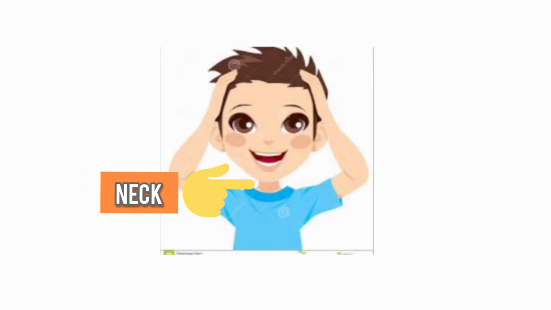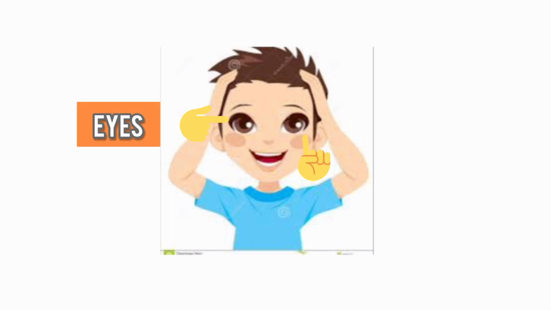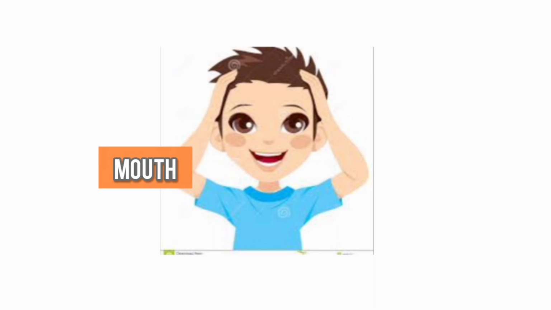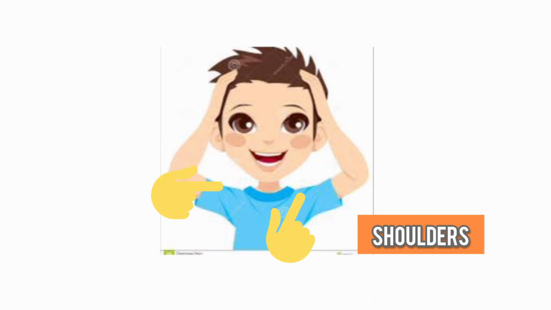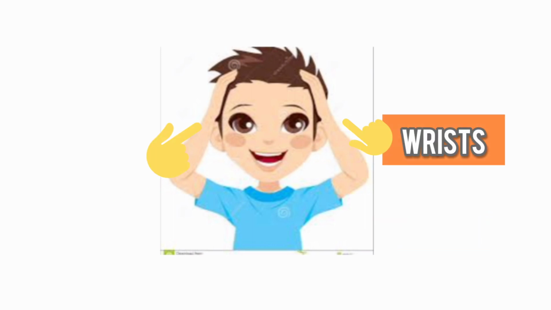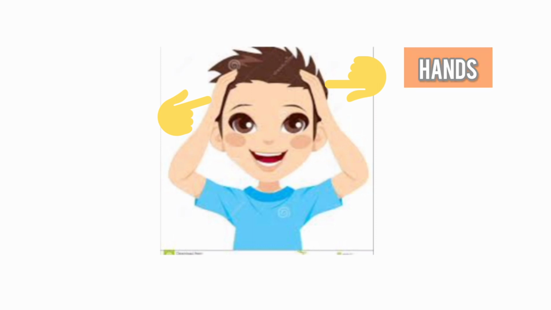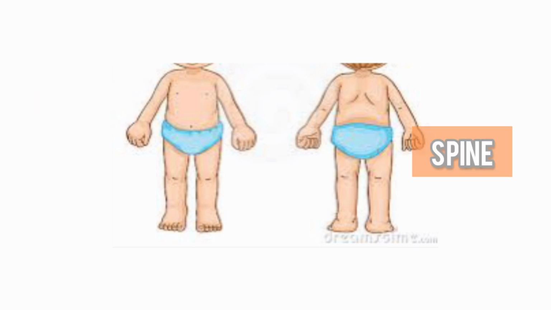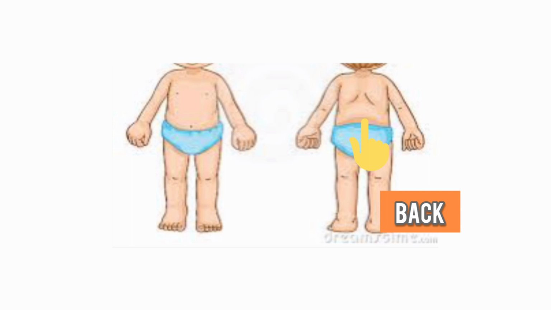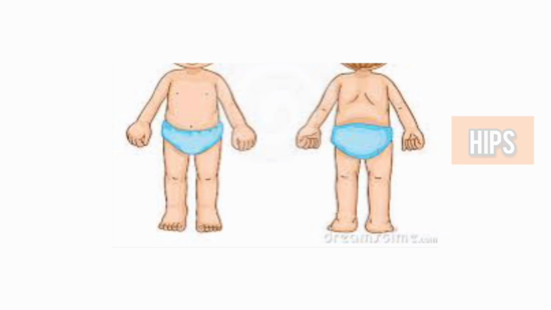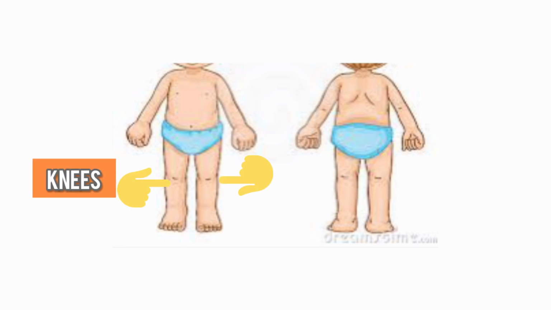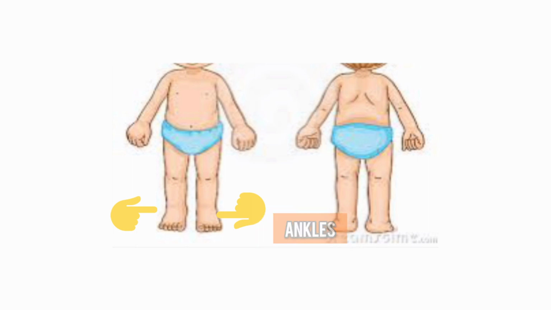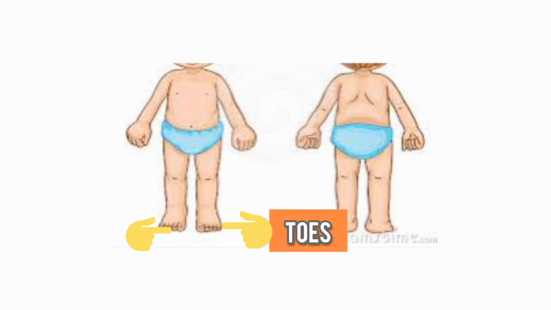The body part category include common body segments and joints, including the head, neck, ears, eyes, nose, mouth, shoulders, elbows, wrists, hands, fingers, belly, chest, spine, back, bottom, hips, knees, ankles, feet, and toes.